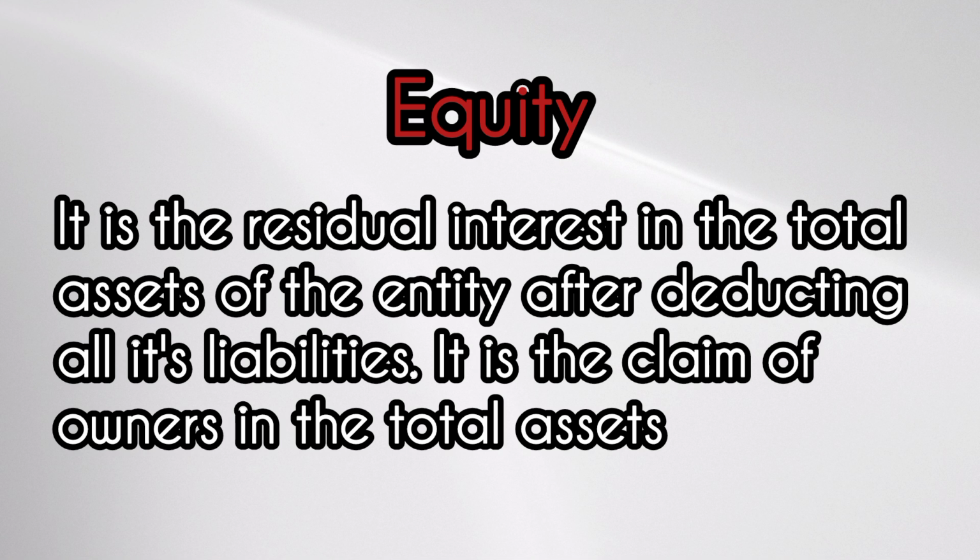So, capital is said when you are a single owner, but in case of a company, we say equity. You'll be familiar with the word share, right? What is a share? In a company, there will be a number of owners or a number of shareholders. That means a number of owners are putting their money into the business, and that's why they are called the owners or the shareholders.